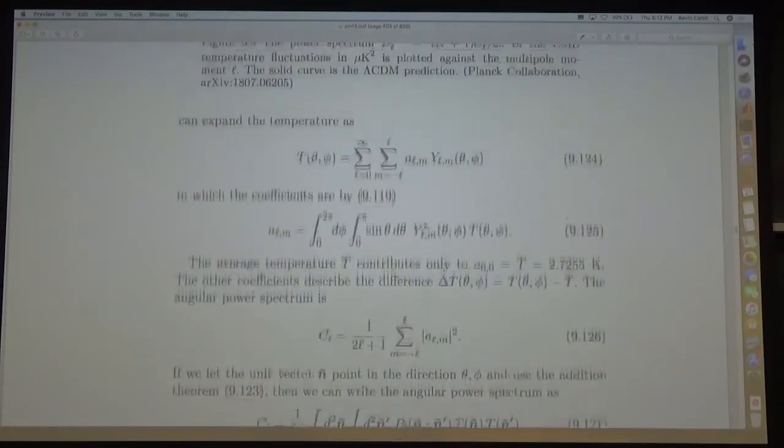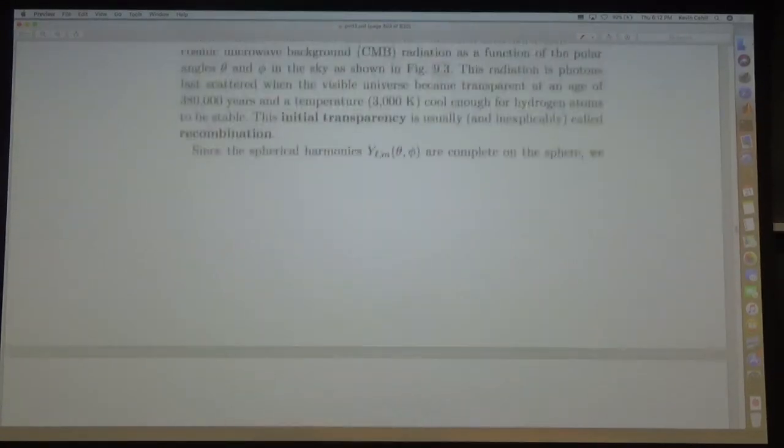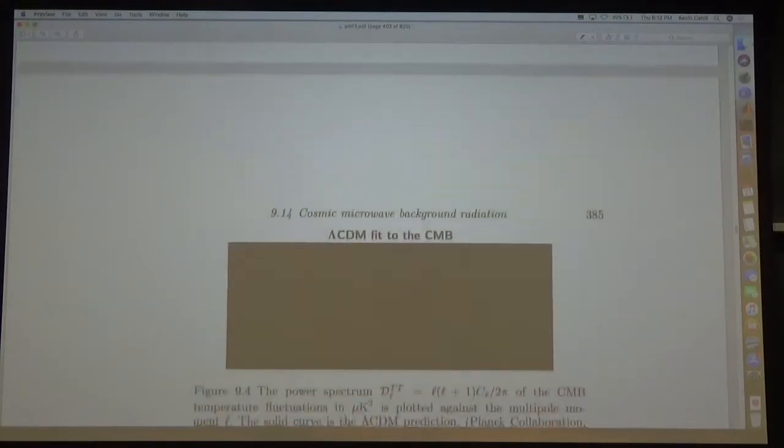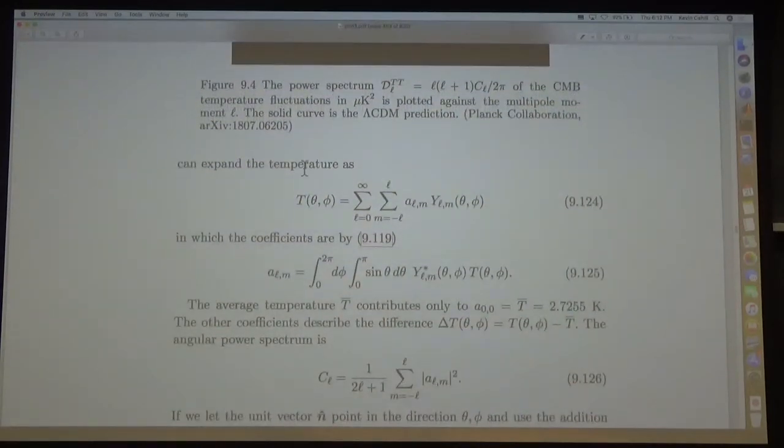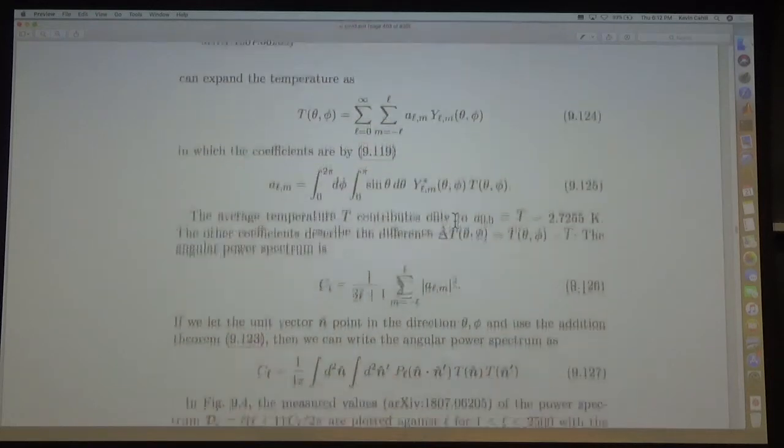So what the Planck people did was, well, they did many things, but in particular, they expanded the temperature at different angles in the sky in terms of the spherical harmonics.